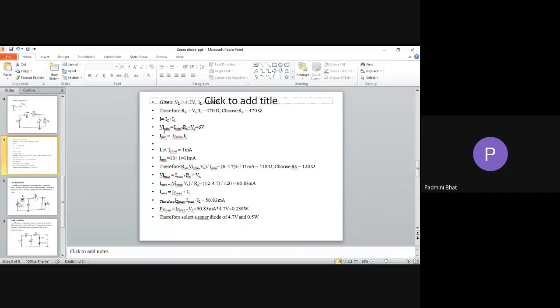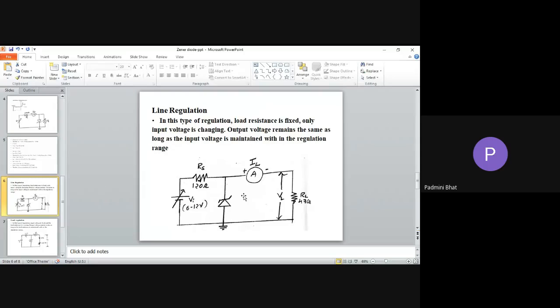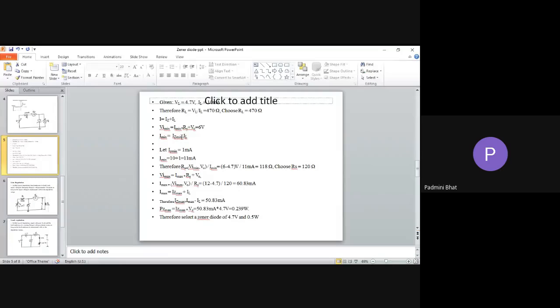So, VI minimum is how much? 6 volt. VI minimum 6 volt should be equal to V naught plus drop across the resistance. So I minimum is equal to IZ minimum plus IL. Where is the fluctuation?